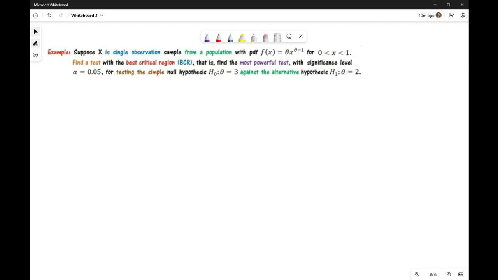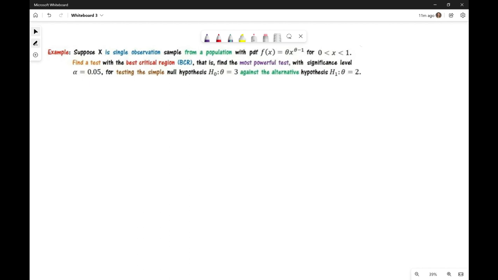We want to find a test with the best critical region, or BCR, that is, find the most powerful test with significance level alpha equals 0.05 for testing the simple null hypothesis where theta is equal to 3 against the alternative hypothesis where theta is equal to 2.